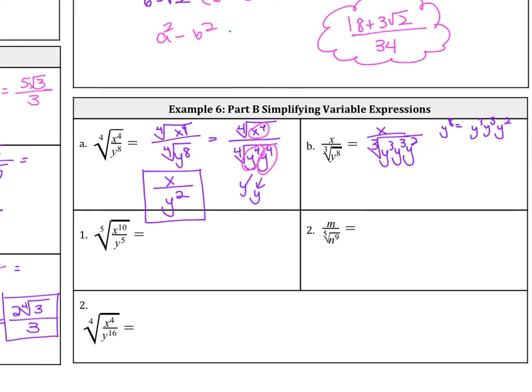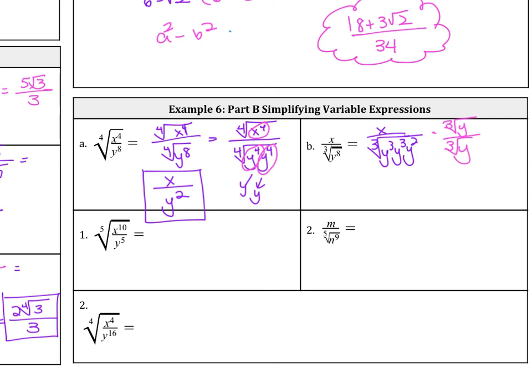So now I notice that I'm missing one more y. And remember, we cannot have radicals in our denominator. So what are we going to have to multiply? We need one more cube root of y, because we need one more y to have a perfect number 3 here.